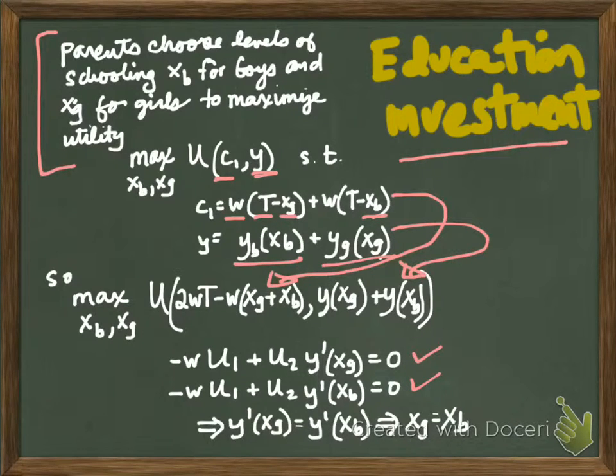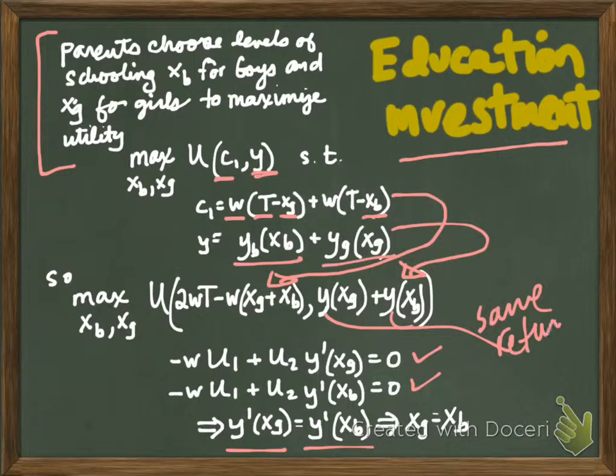A little bit of manipulation tells us that the marginal product of extra schooling for the girl will have to be equal to the marginal product of extra schooling for the boy, which means if we assume that they have the same return function, which notice here I slyly put in there, which could well be different, but if they do have the same return function, then the parent has to have the same amount of schooling for the girls and boys as the way to maximize.